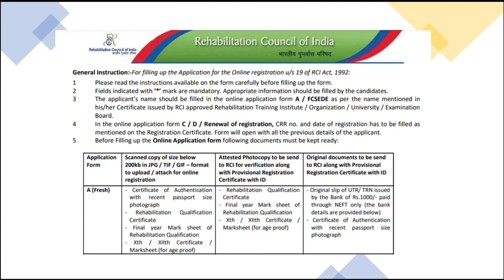Out of these 5, the last 3 will be photocopied, and this photocopied document has to be self-attested, which means you have to sign at the bottom of the document in an empty space, and the authentication certificate will be sent as original. If you need, you can take a photocopy and keep it with yourself, but when you send to RCI, you have to send whatever you receive from your college.